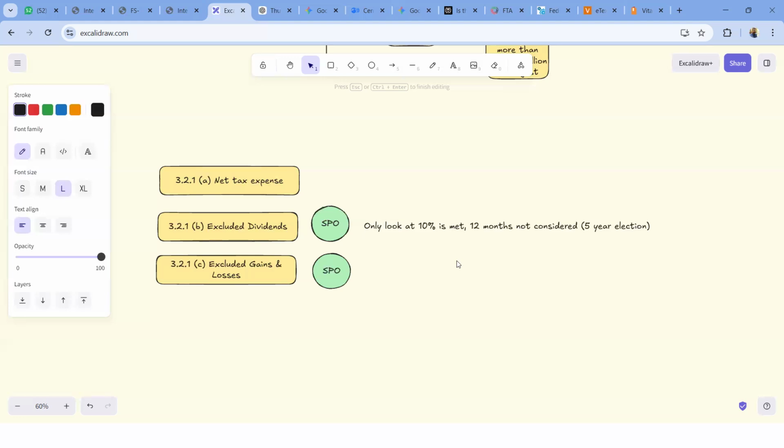Here, what they say is you can include everything, include all gains as an option. But of course, it is a 5-year election. What is the fourth one?